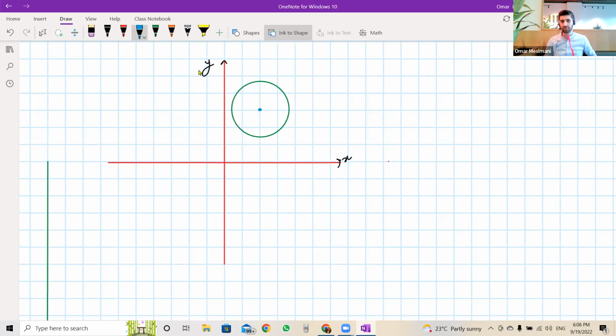The center of the circle has a coordinate, and I'm going to call it h and k. So the center is (h, k). What is the equation of the circle?